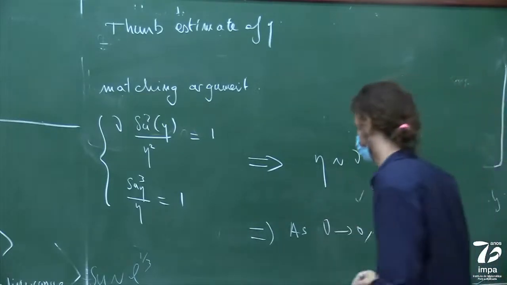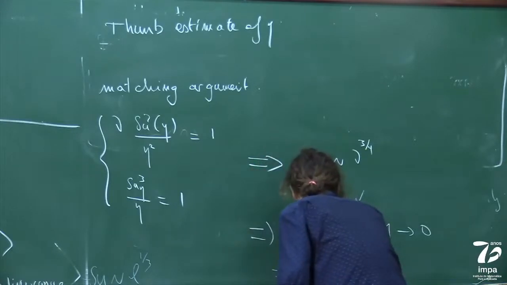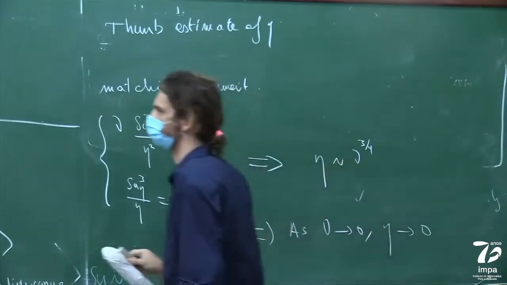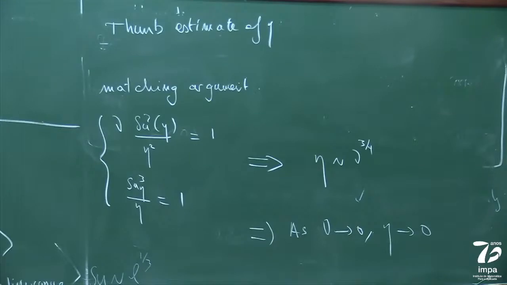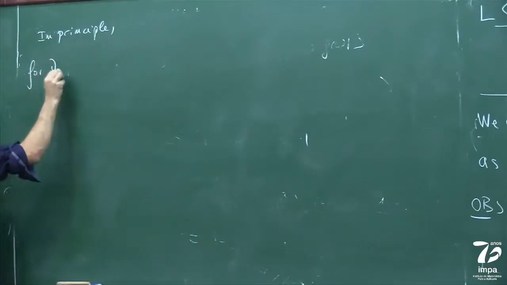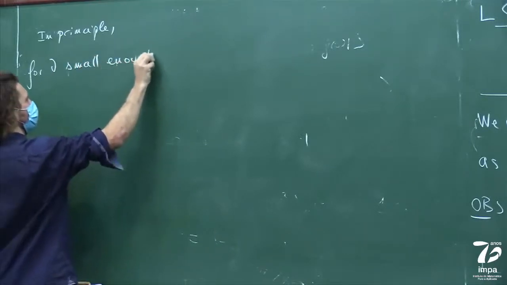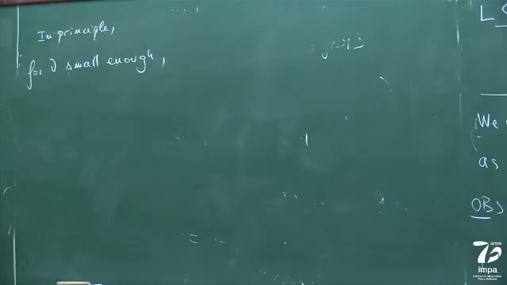And this means that, in principle, for nu small enough, regime 1 is absent.